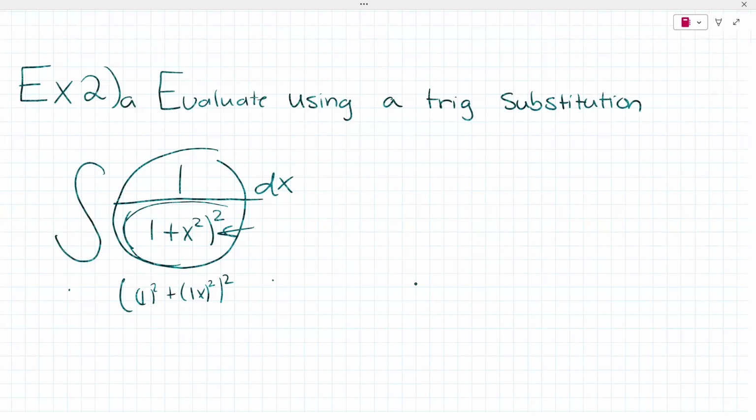So that means we're going to use x equals b over a times tan theta. My b is going to be 1, and my a is also 1. So it's 1 over 1 times tan theta.